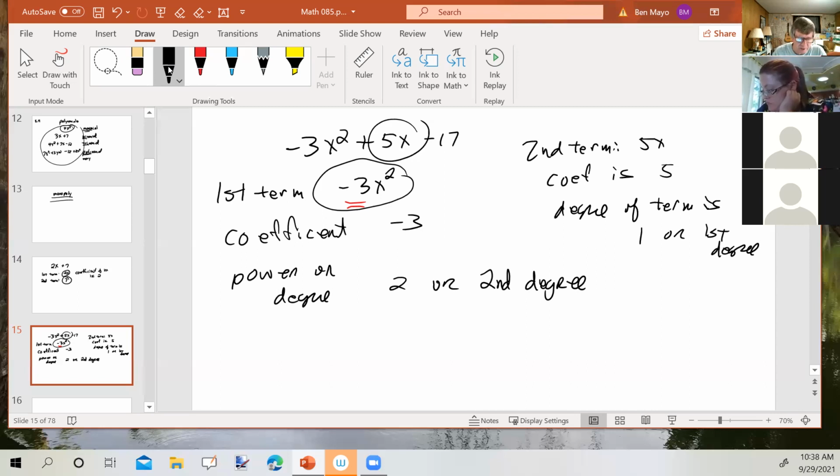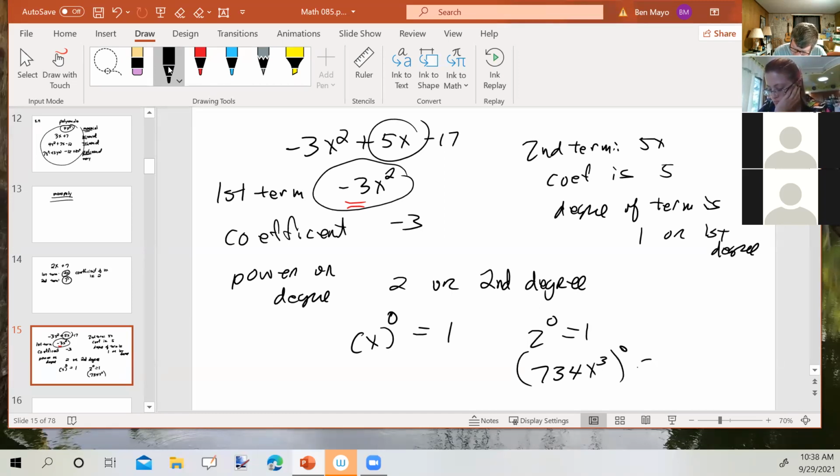And one of the rules is this: a number or a variable, basically anything other than 0, raised to the 0 power is 1. So like x to the 0 power equals 1, 2 to the 0 power equals 1, 734 x cubed all to the 0 power equals 1.